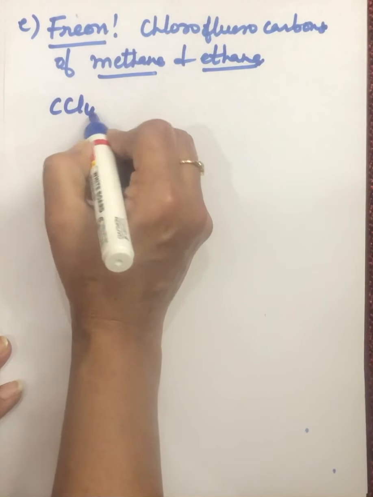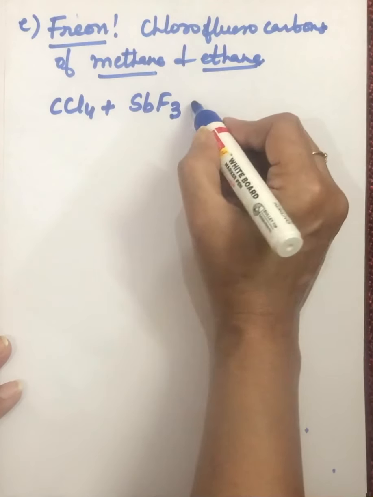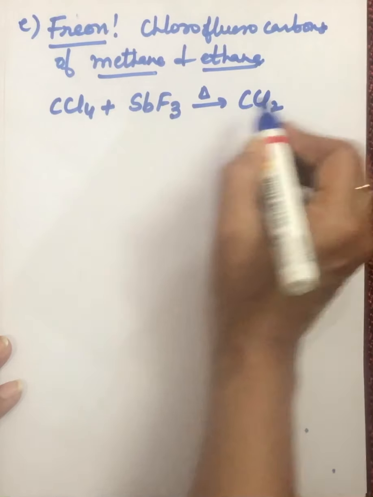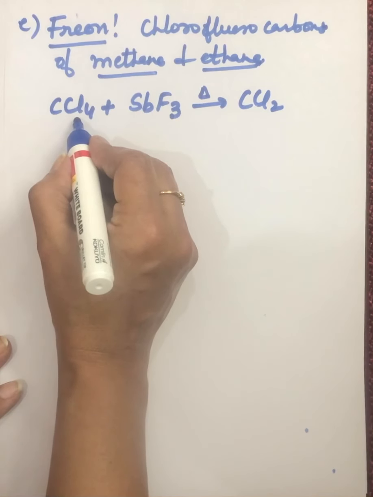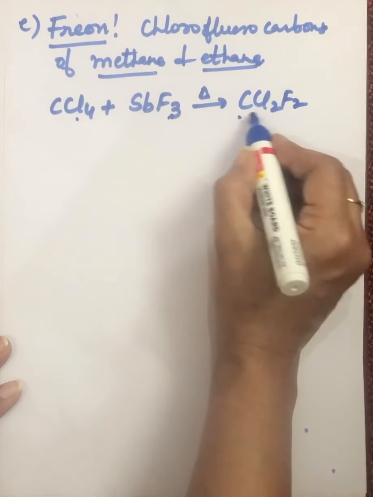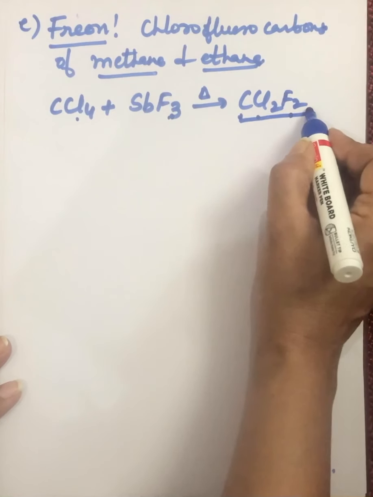From carbon tetrachloride by Swarts reaction. When we add a fluoro compound and heat it, then the Cl atoms of this are substituted by the fluorine atoms. So this carbon has chloro as well as fluoro in it. So this is a freon.